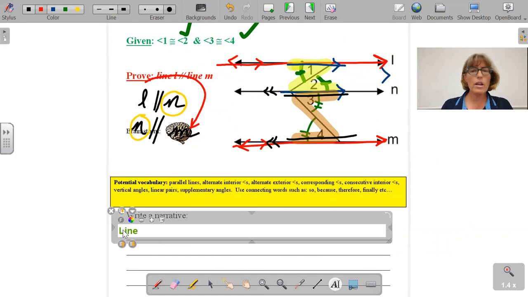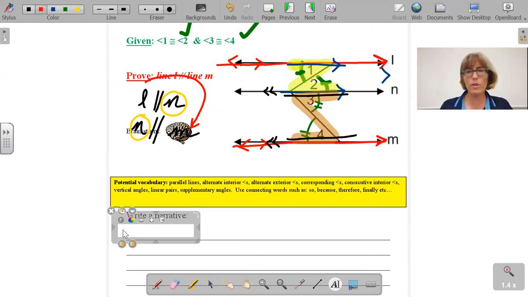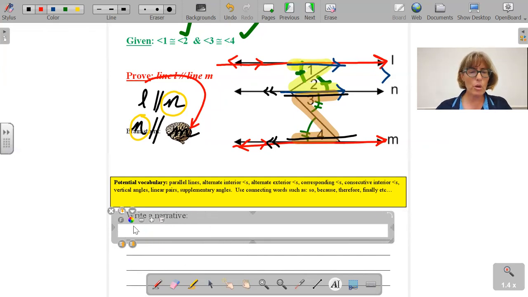Okay, we are given that line L is parallel to line N, because it is given, so, no, it's not given. Take that back. You are not given that those lines are parallel. It's the other way around, excuse me. So it is given that angle 1 is congruent to angle 2.